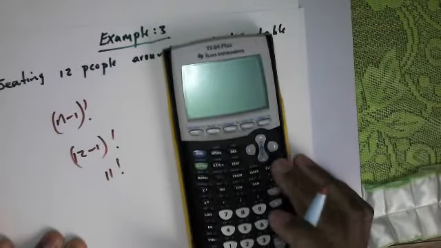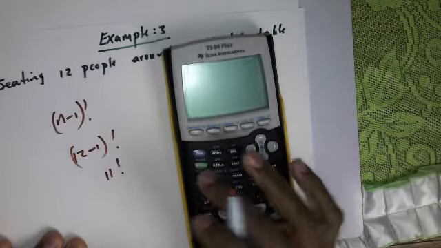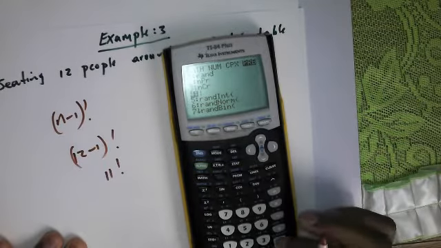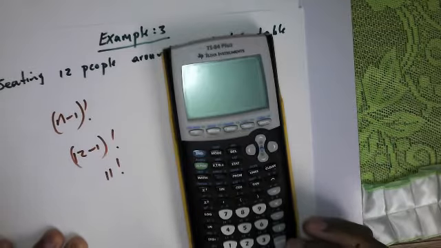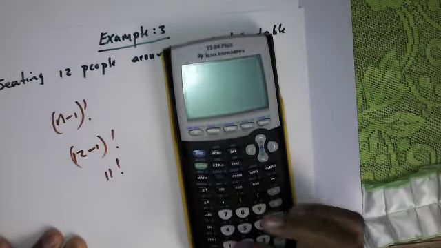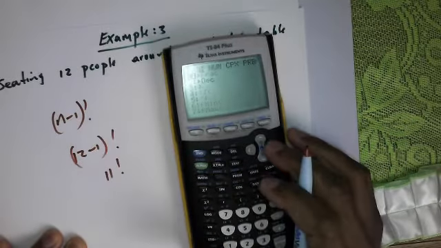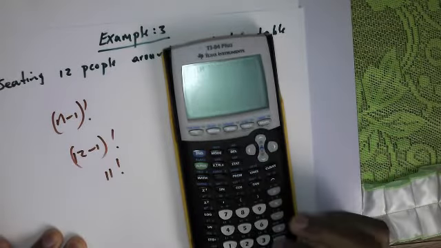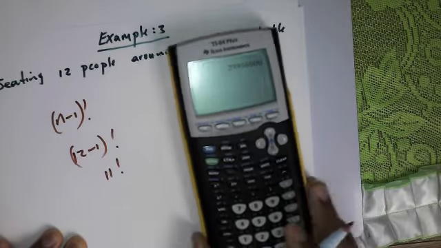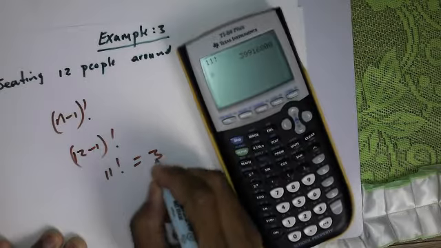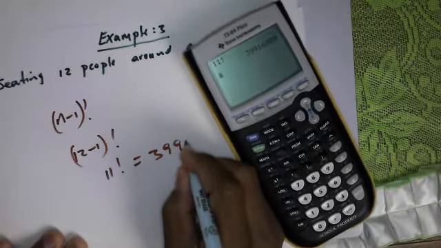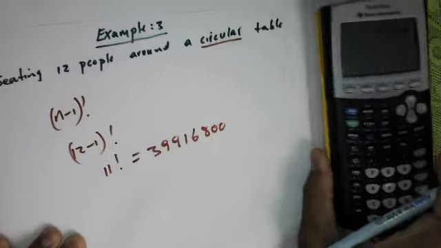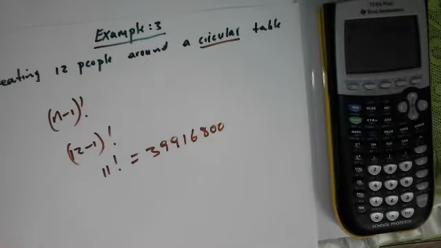We can always find what that is. It is 11, hit math, come over to PRB, and come down to number 4, and there we have 3991680. That would be your answer there.